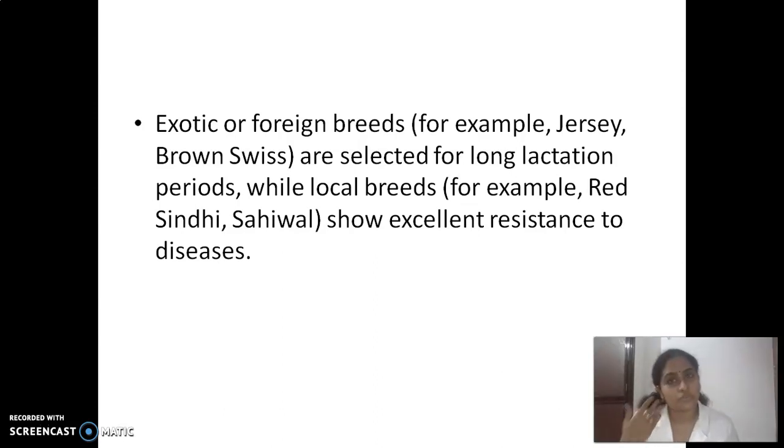So we have to use different types of breeds. We can use both foreign or exotic breeds and local breeds. Foreign breeds include Jersey, Brown Swiss, etc. They are selected for long lactation period, whereas some local breeds are available such as Red Sindhi, Sahiwal, etc. They show excellent resistance to diseases.